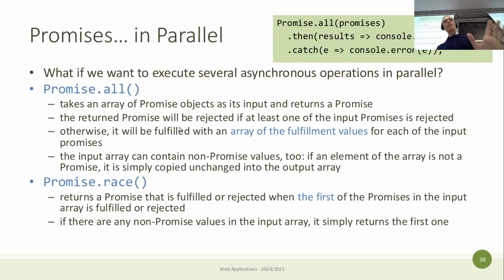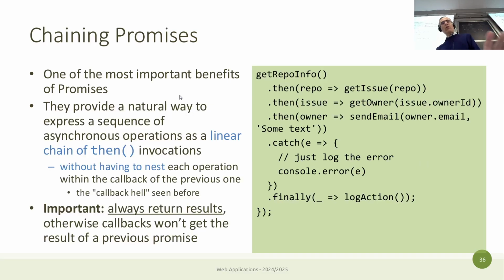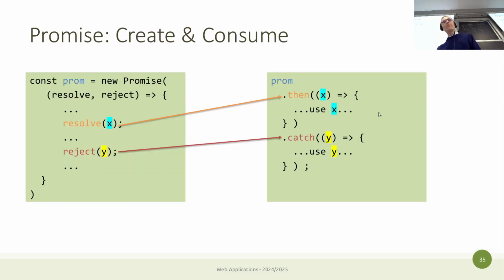But try to think about the promises. We create a promise when there is an asynchronous operation, either ourselves or some function creates a promise, and we can get the result through the then or the catch, depending on whether we want to get the result of the successful operation or the error, okay?